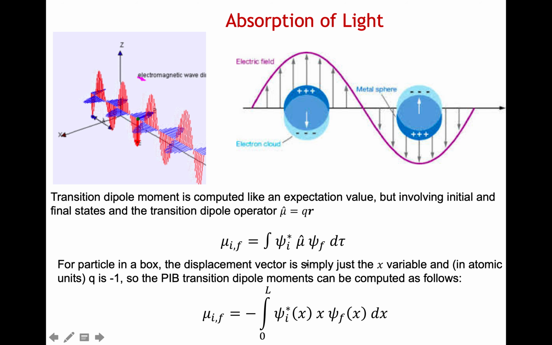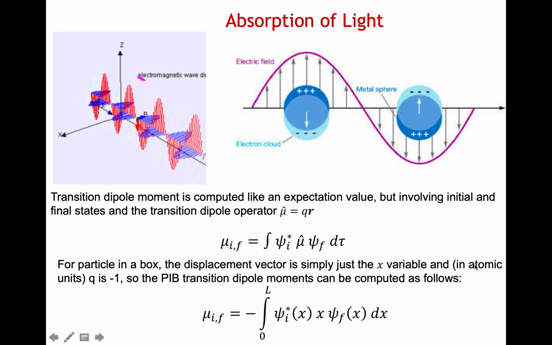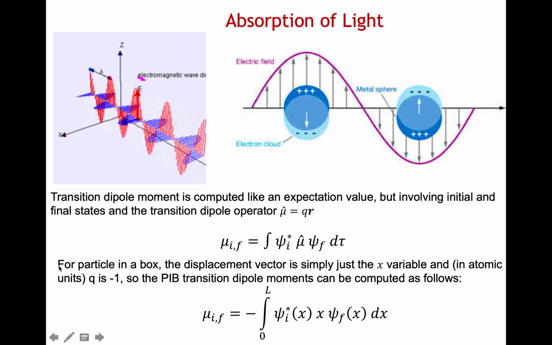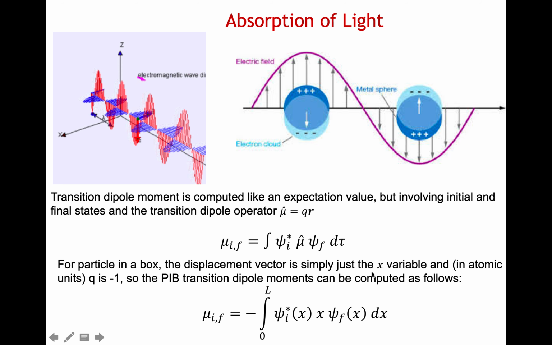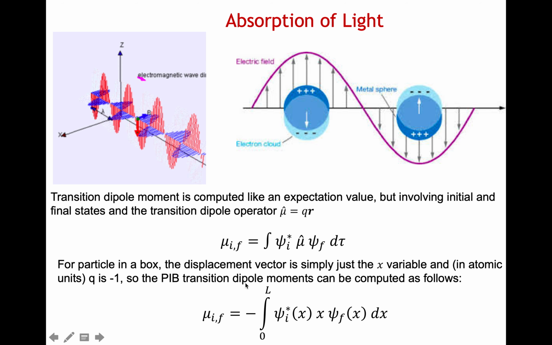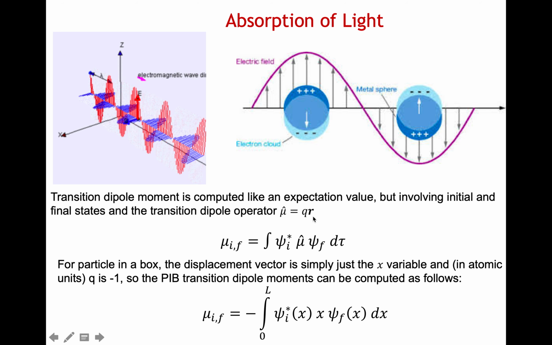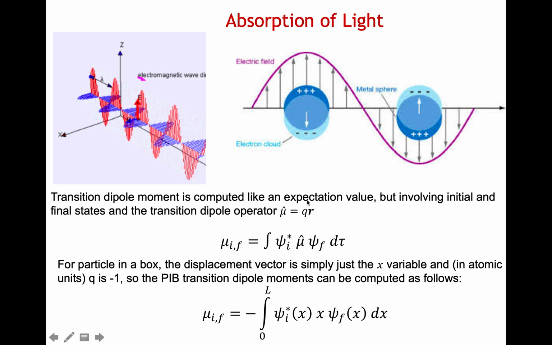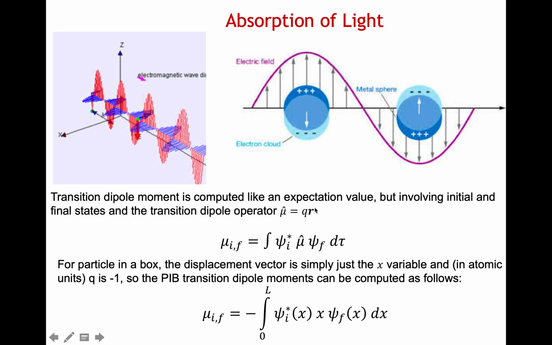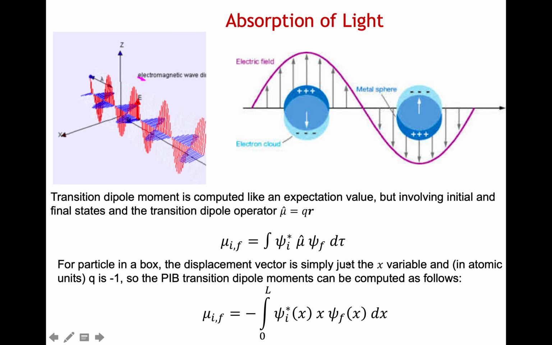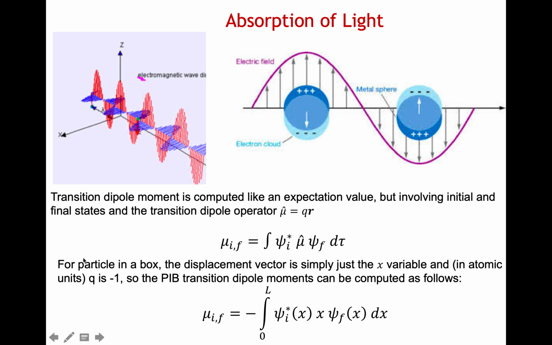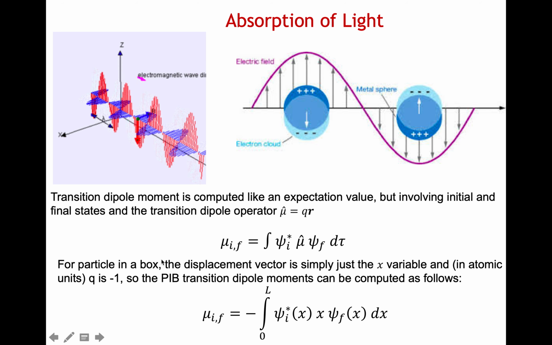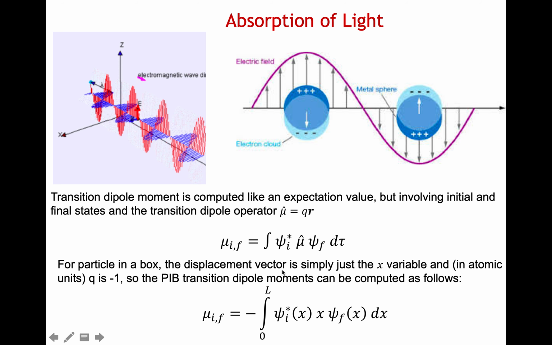For the particle in a box, in atomic units, where the charge of the electron is equal to -1, the transition dipole operator is basically the electron charge multiplied by the position operator. For the particle in a box, we call that position operator X. That means the total transition dipole operator for the particle in a box is -X.